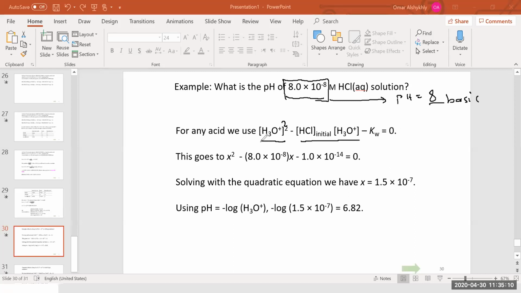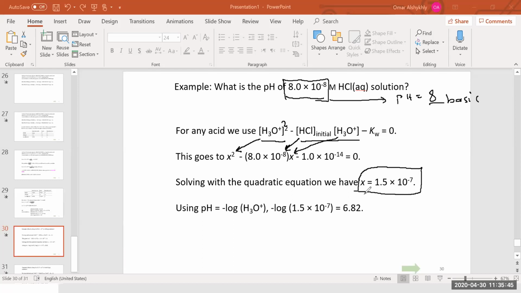And that's equal to x squared, for example, here, minus 8.0 times 10 to negative 8, which is the initial concentration of HCl, times x. This is the x. Minus the Kw, which is 1 times 10 to negative 14 equals 0. Solve with the quadratic equation. We have the x will equal 1.5 times 10 to negative 7.